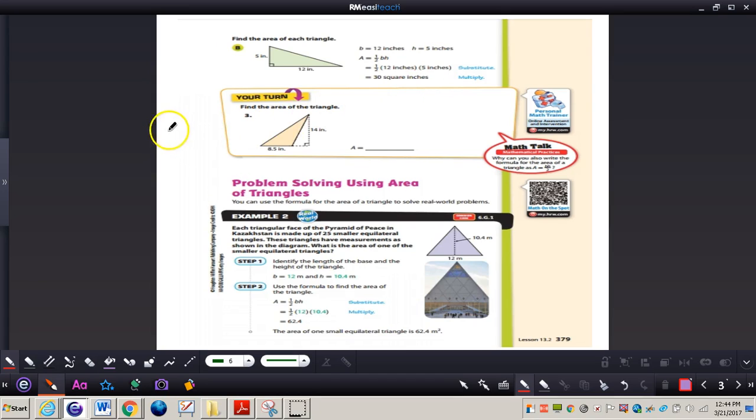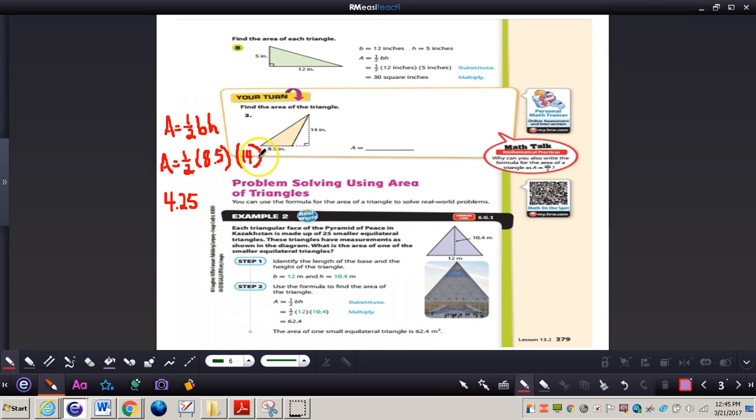We'll do this together. We have area equals 1/2 times the base times the height. Okay, so we can see the base here is 8.5. So area equals 1/2 times 8 5/10 times the height, which is 14. Now we can multiply 1/2 times 8.5. That's going to give me 4 25/100.